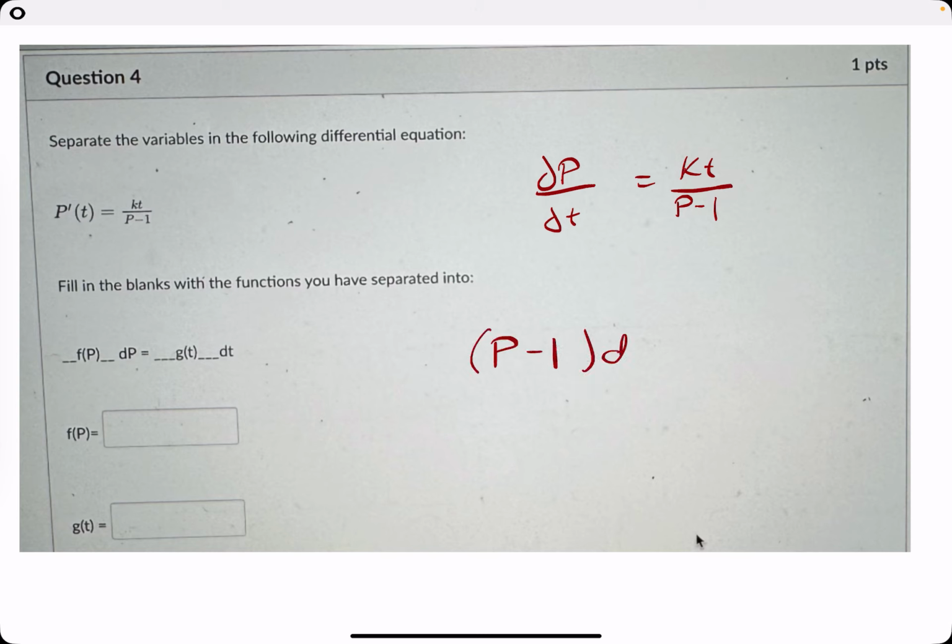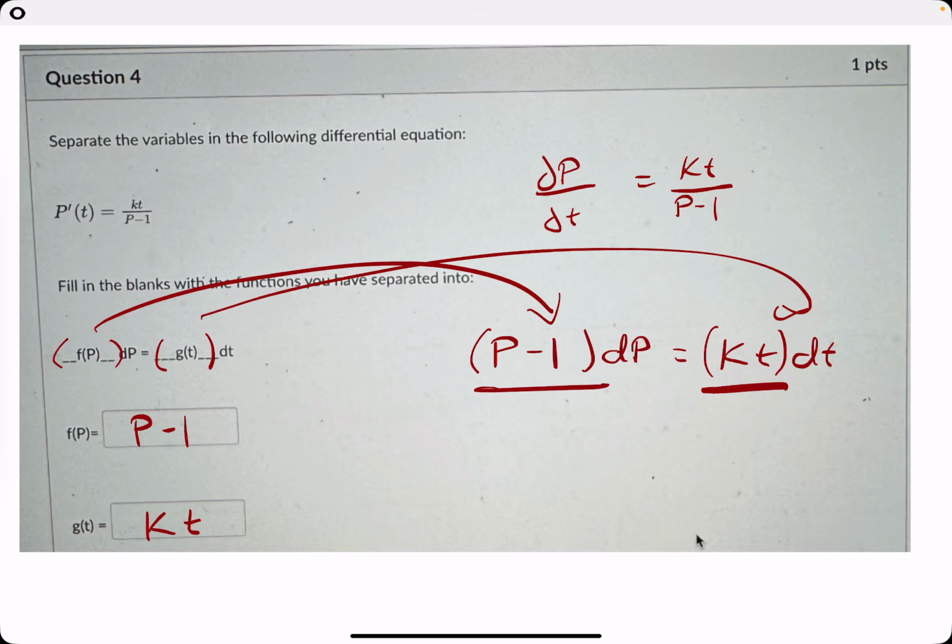So we get p minus 1 dp, and we're going to multiply by dt, so we're going to have kt dt. Notice they say fill the blanks with the functions you have separated into. So we have f of p dp, so p minus 1, and then we have g of t dt, which is kt. That's it.